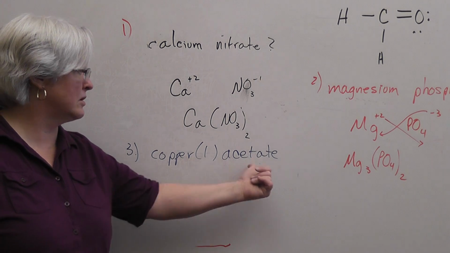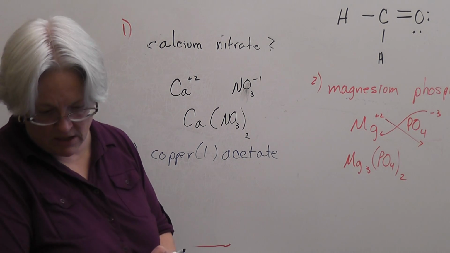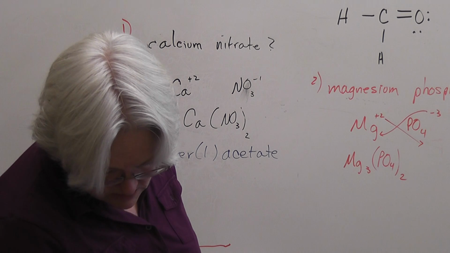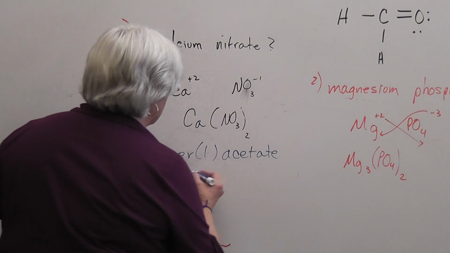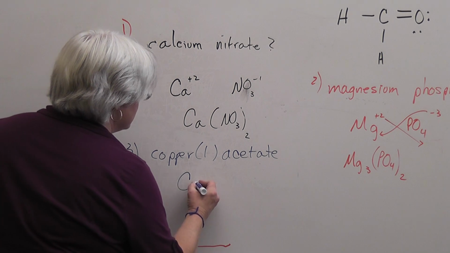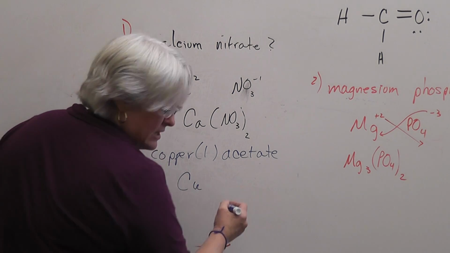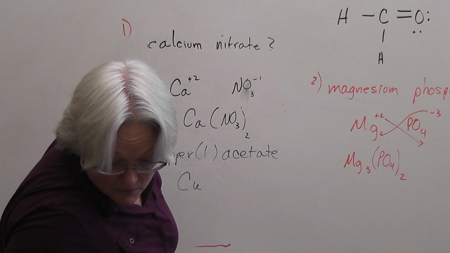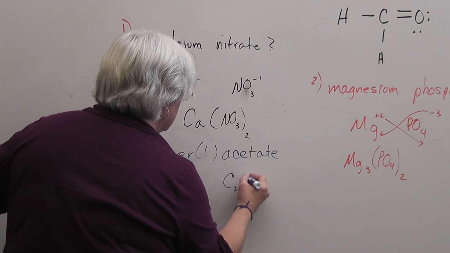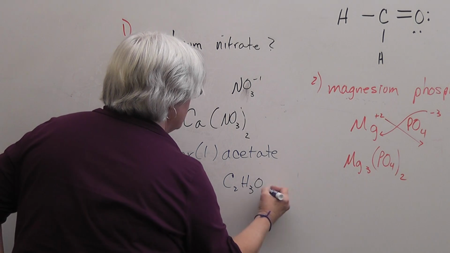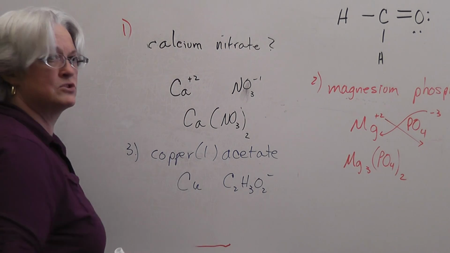This has a positive charge. What does the acetate ion have? Acetate is C2H3O2. So you have copper, which is Cu, acetate, C2H3O2. C2H3O2 has a negative charge.